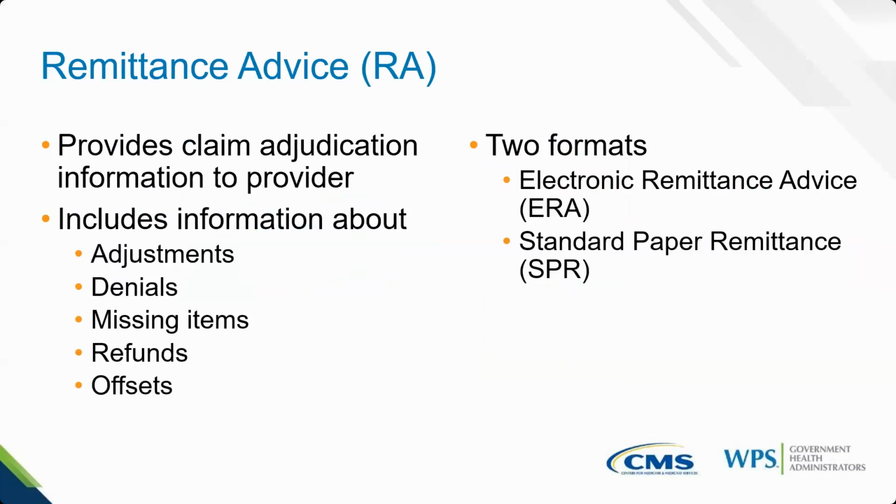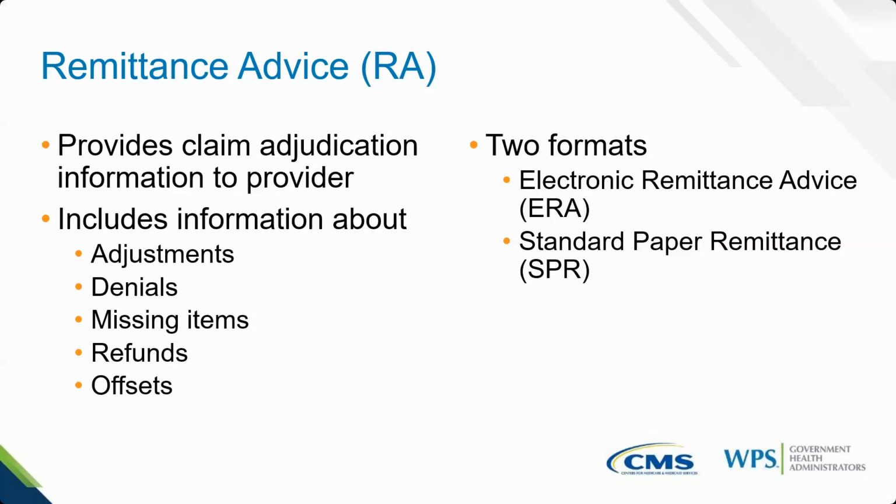Sometimes we refer to this as the remittance notice. Most providers will receive an electronic remittance advice, an ERA, as opposed to a standard paper remittance, an SPR. Now, depending on how the claim processed, it could include information about any adjustments made to the claim or denials.